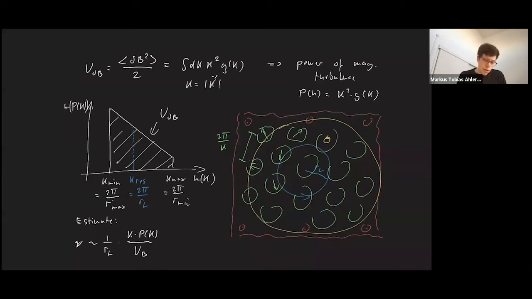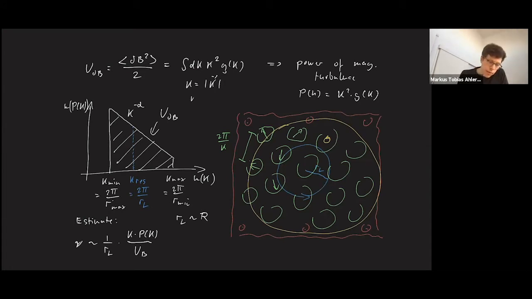So we have already introduced the Larmor radius. The Larmor radius is linear with the rigidity of the cosmic ray, this capital R. And now for the turbulence, I assume that it follows a power law that goes like k to the power minus alpha.